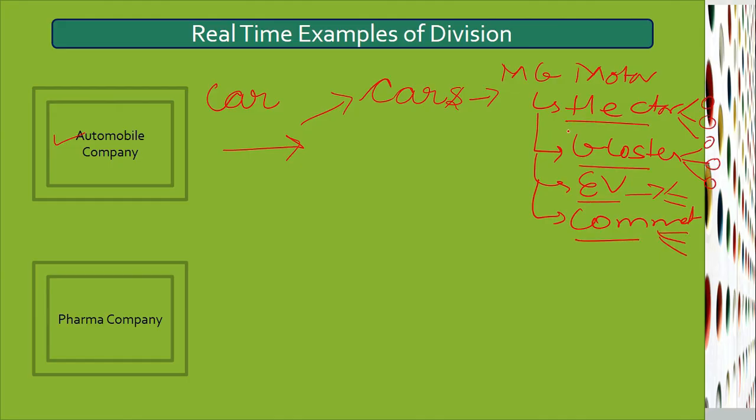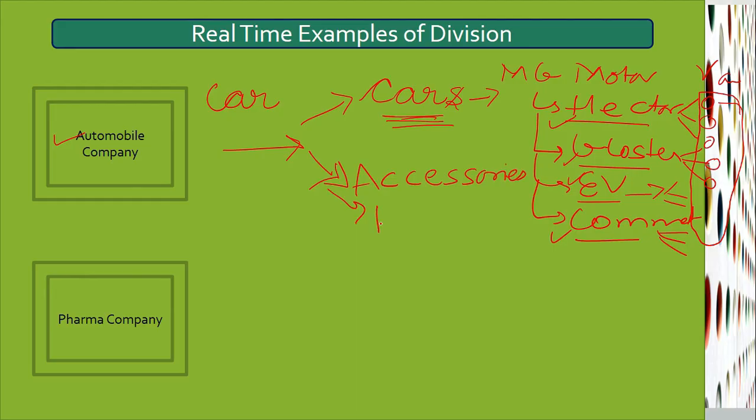Each brand comes under which characteristic? They are all cars, whether it is Hector or Gloster or the EV or the Comet. All are cars, so this can be one division. Another division in the same automobile company: if you are purchasing a car, definitely you will purchase some accessories with the car.